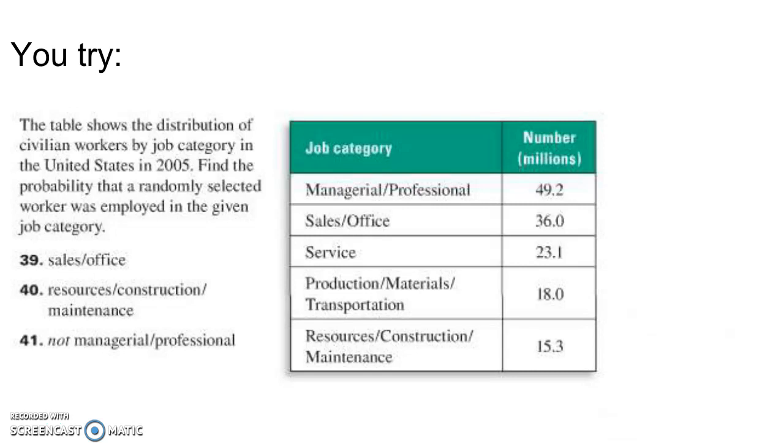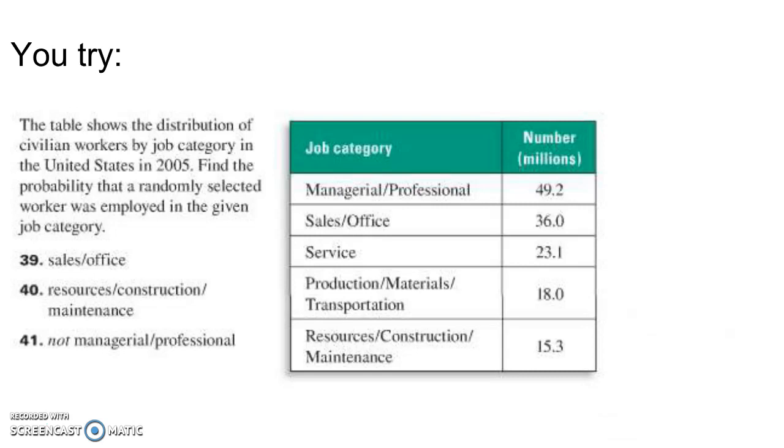How many total employees were surveyed? To get that, we're going to go right down the line and take out your calculator and add up all those numbers. So 49.2 plus 36 plus 23.1 plus 18 plus 15.3, we have 141.6 million.